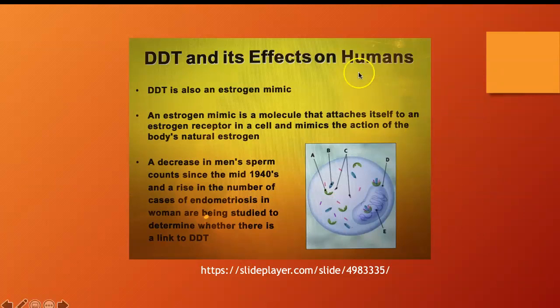For humans, the DDT structure, not the chemical formula, the 3D structure, resembles the structure of hormones. So it causes a bunch of health issues to humans.